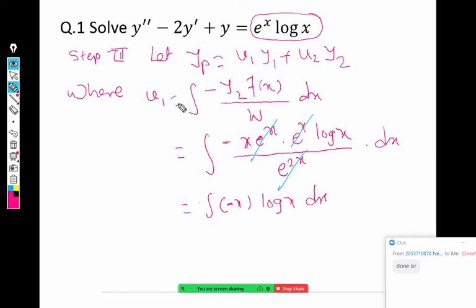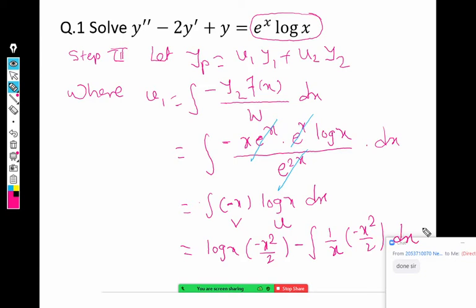U is log x, and v should be obviously the other. So the integration will come as log x, u first, into integration of second, so I'll say minus x square by 2, minus integration of derivative of first, 1 by x, into minus x square by 2 dx.